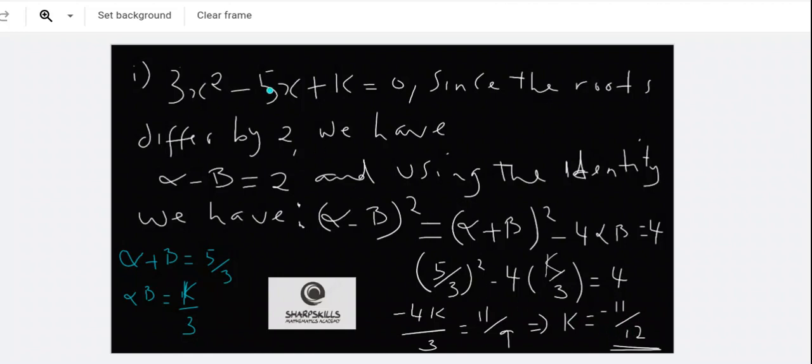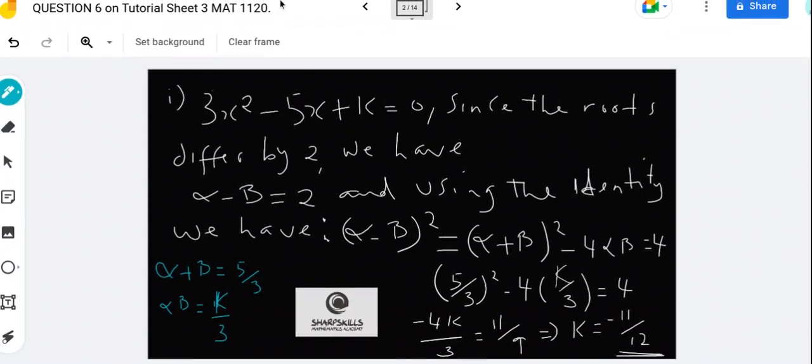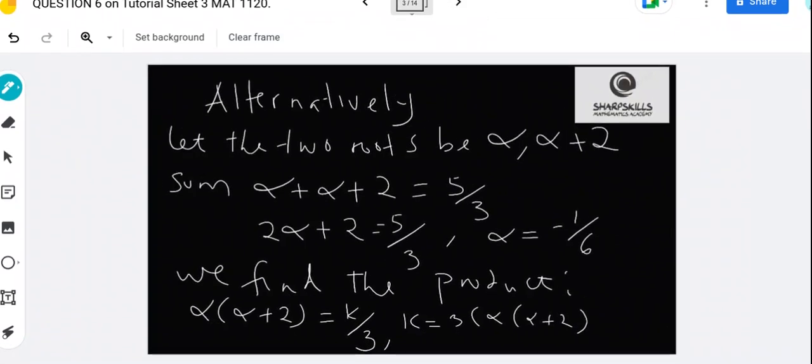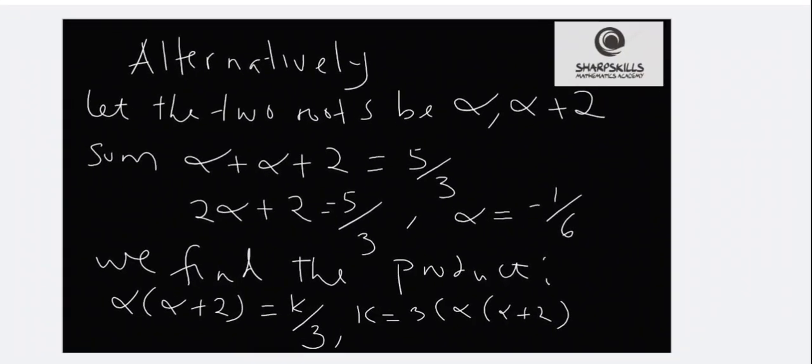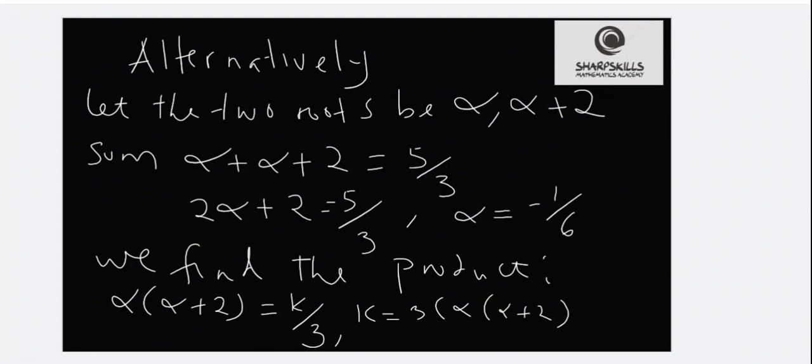So now, if you want to see this clearly, there is an alternative. If you want, you can use another method, which is this method here. You are saying, let the two real roots be alpha and alpha plus 2 because they differ by 2.